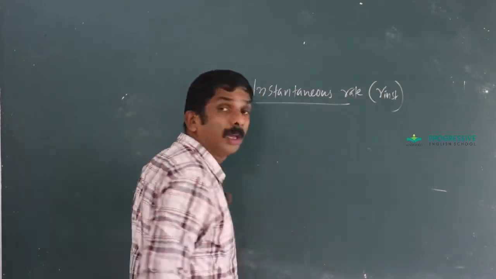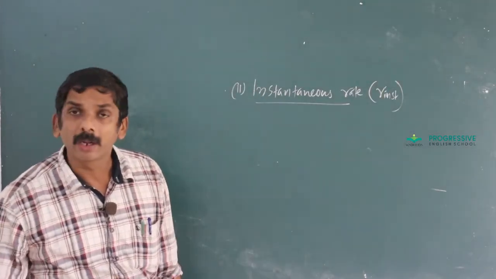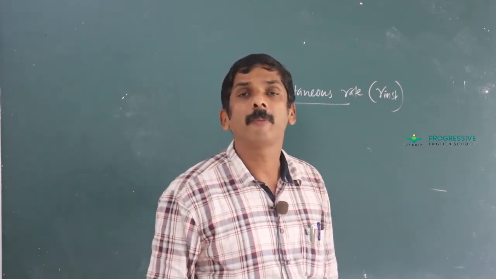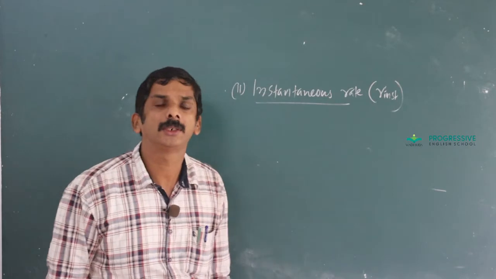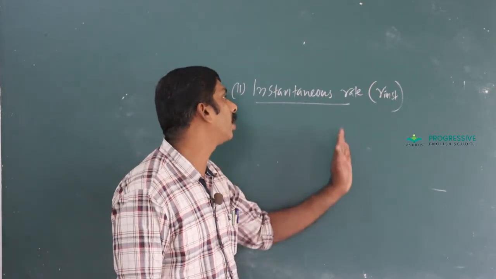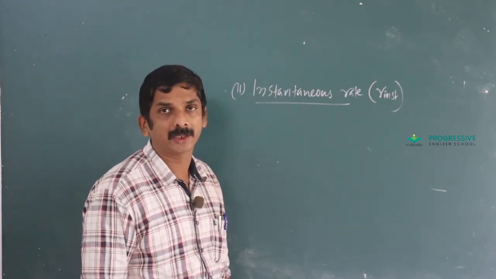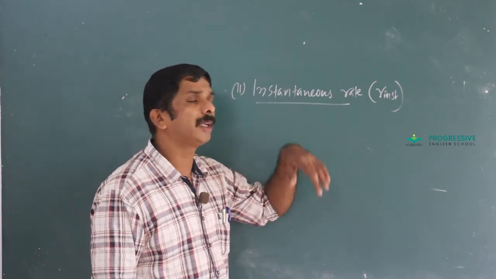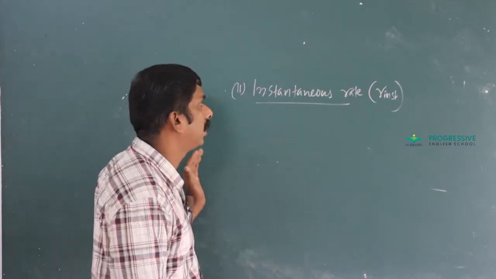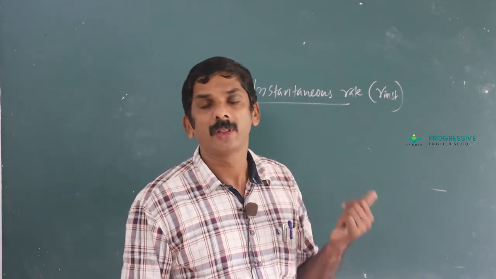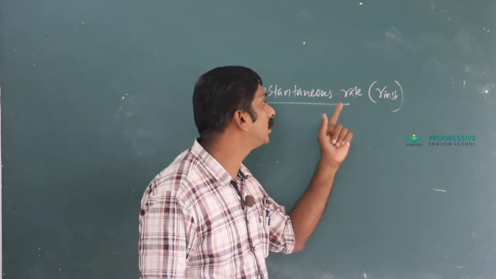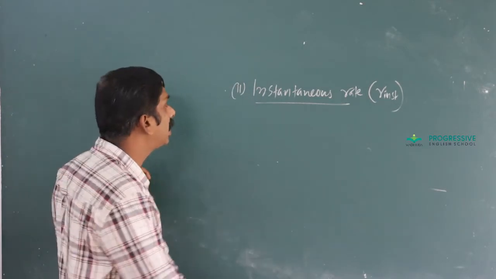Instantaneous rate means the rate of a reaction at a particular instant, a particular moment. This instantaneous rate is preferred over average rate. The rate is mainly expressed in terms of instantaneous rate.